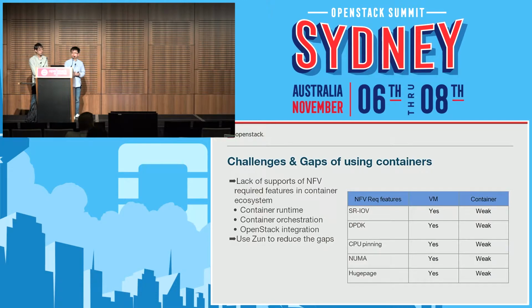These features need to be supported in the container runtimes. In addition, they also need to be supported by container orchestration tools such as Kubernetes. And eventually, all these features need to be integrated with OpenStack and made available to OpenStack users. So we can use Zun to reduce the gap of containerized NFV.